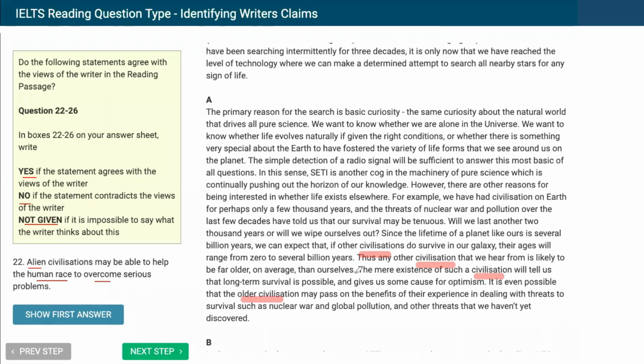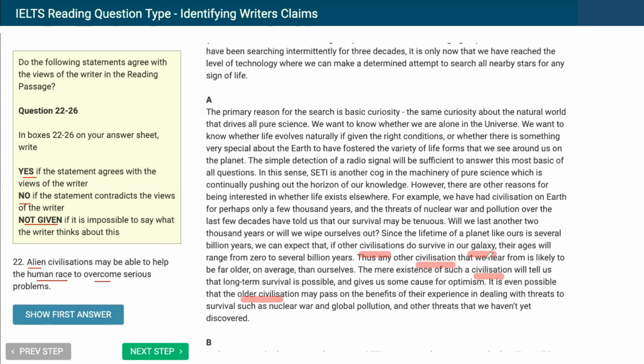And so if I skim just to get a better understanding, I would see the mere existence of such a civilization, so a civilization that would be in our galaxy or outside of Earth, so it's sort of implied that we're talking about aliens or extraterrestrial creatures.